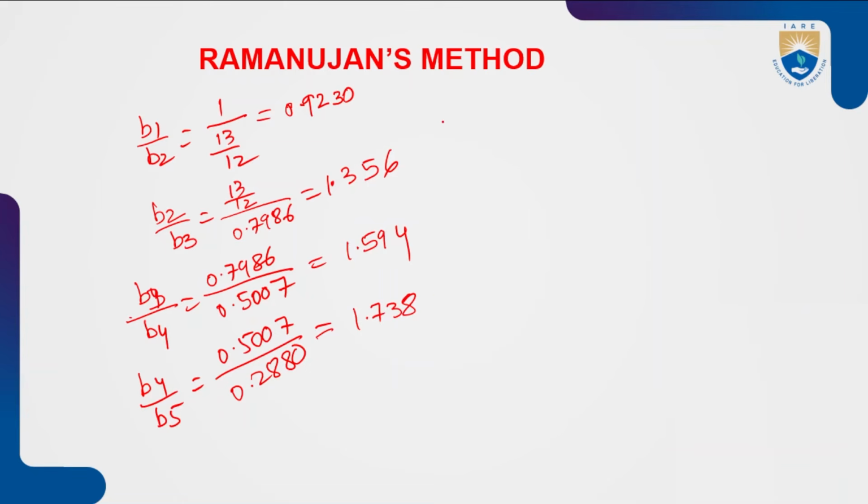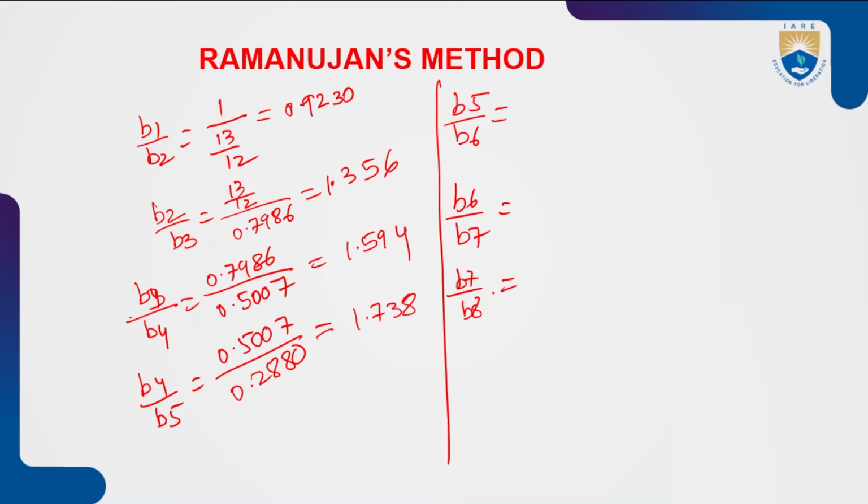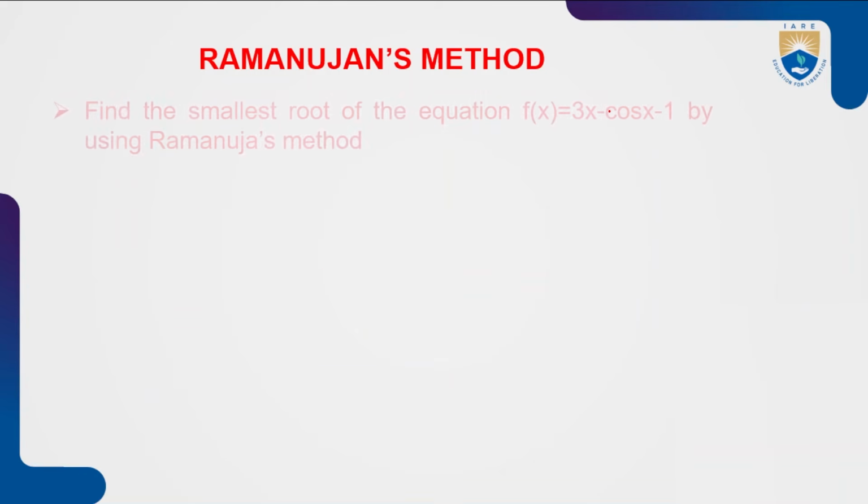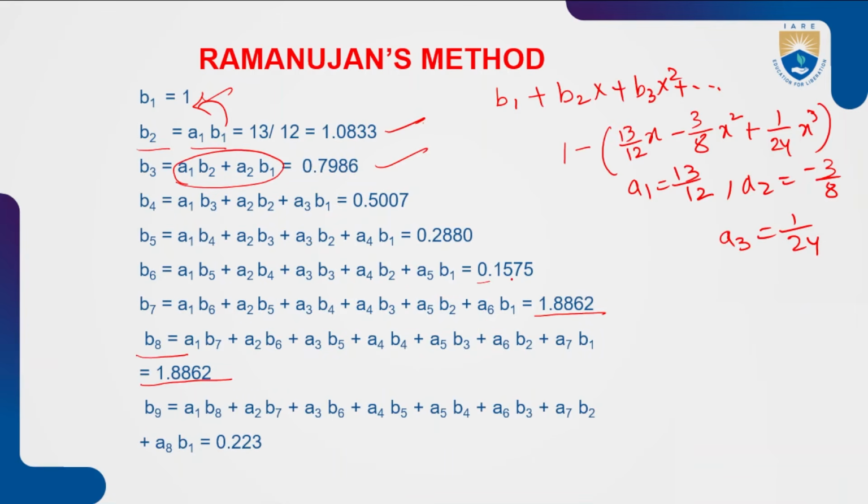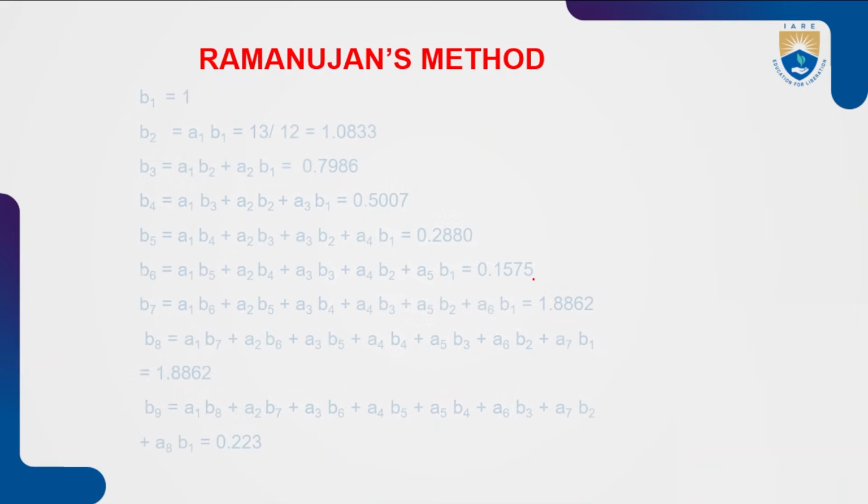And now I am having some more values, b5 by b6 and then b6 by b7, b7 by b8. So b5 is 0.2880 divided by b6 value, which is 0.1575.